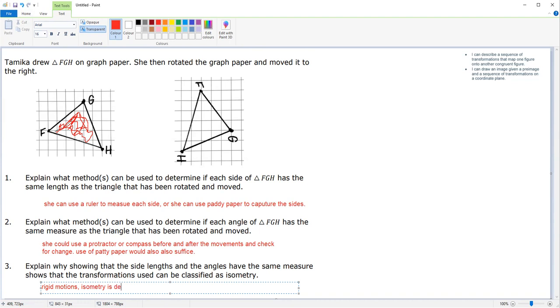Isometry is defined as when the angle measures and side lengths remain the same before and after the transformation.